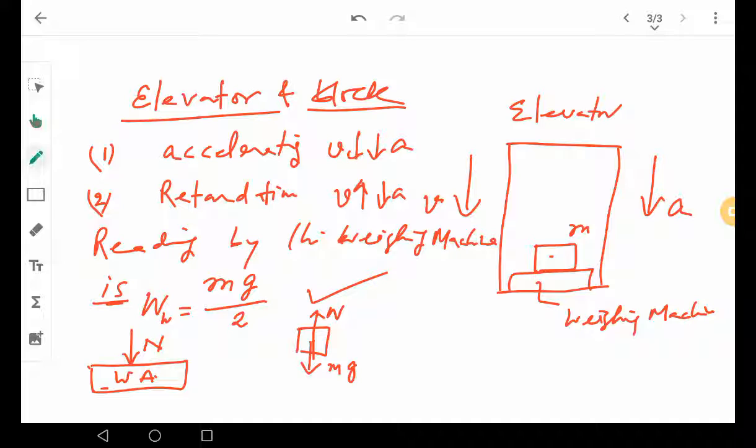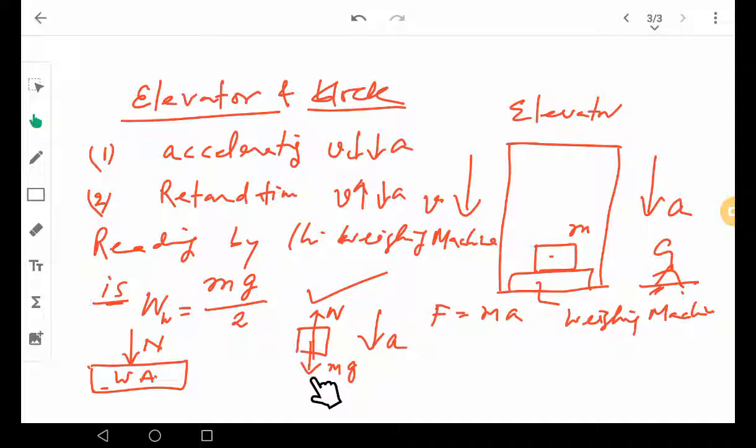Now since this block is going down with an acceleration a, we can apply Newton's second law, F is equal to ma. The net force is equal to mass into acceleration. As a ground observer, we can see the block is going down with an acceleration a, so there are only two forces acting on the block.